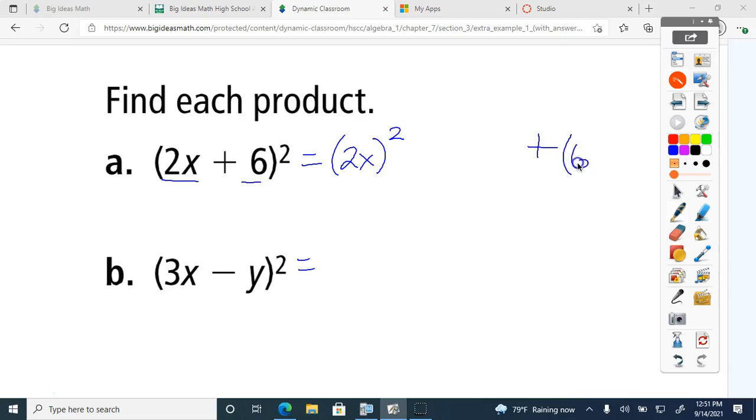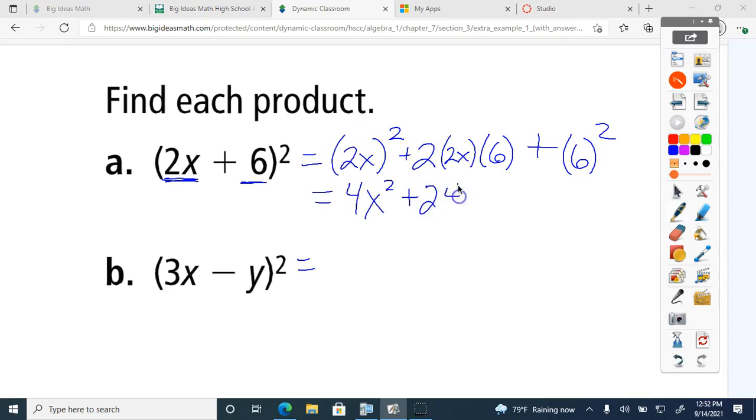Square it as well. And then in the middle, we're going to say plus 2 times the two terms times each other. So 2 times 2x times 6. And then it's just simplifying. So that would be 4x squared plus 24x plus 36.